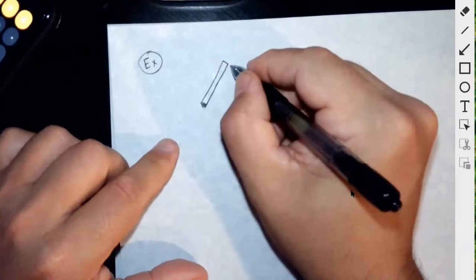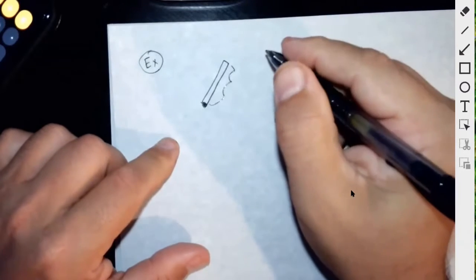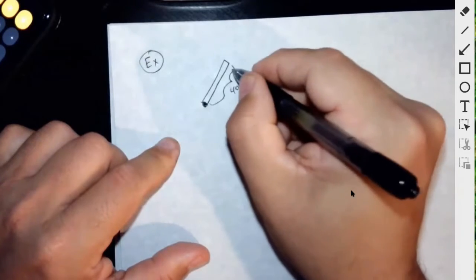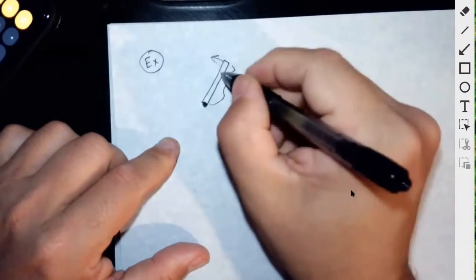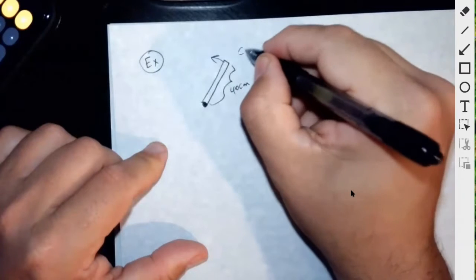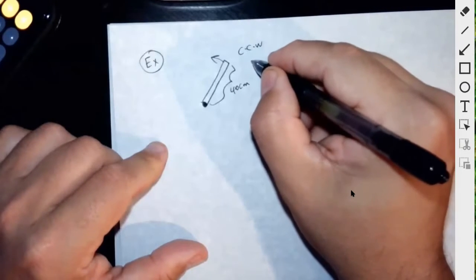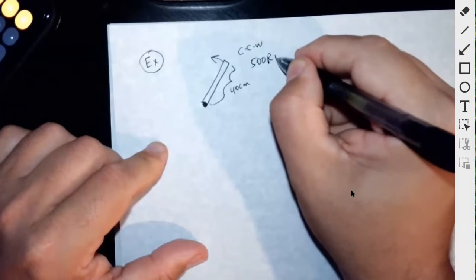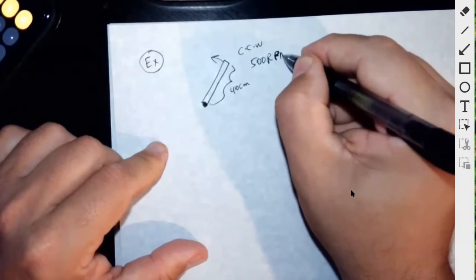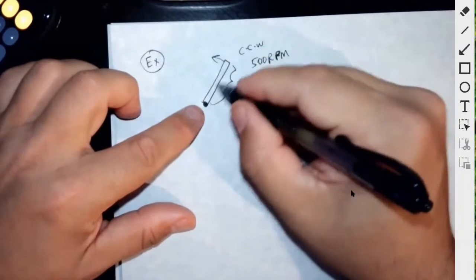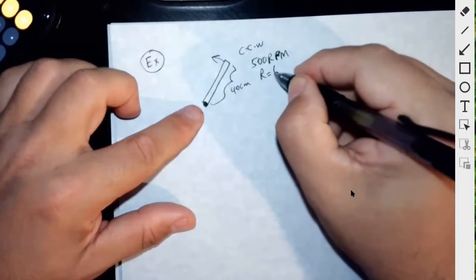Let's say the length of the rod is 40 centimeters again. Let's say it's rotating counterclockwise at 500 RPM. Let's say the resistance of the rod is 6 ohms.